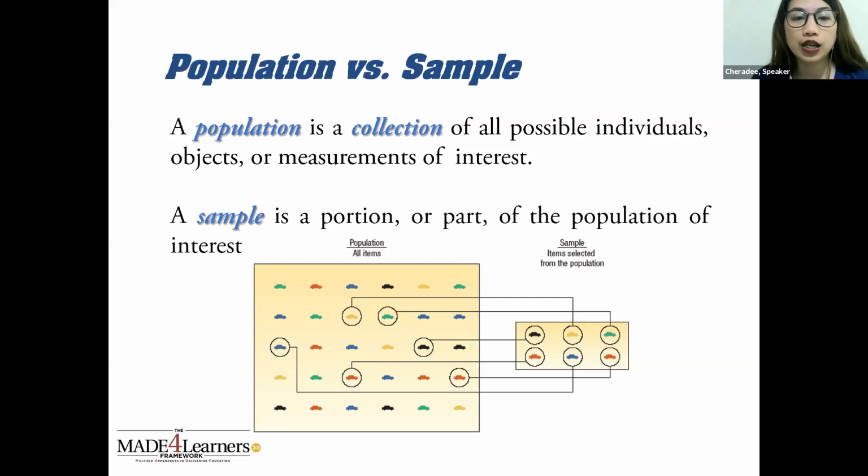Like for example, our election. During election, although everyone is required to vote, not all are able to vote. However, the results will still be considered because one, we don't have access to all people. Second, we have to save also our resources, right?